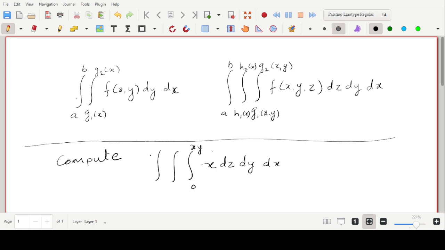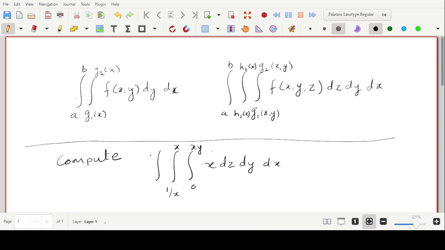Observe here that the function g1 is uniformly 0, whereas g2 is a function in x and y, which is xy over here. Xy is a function in two variables x and y. Then the limits of y are 1 over x and x.